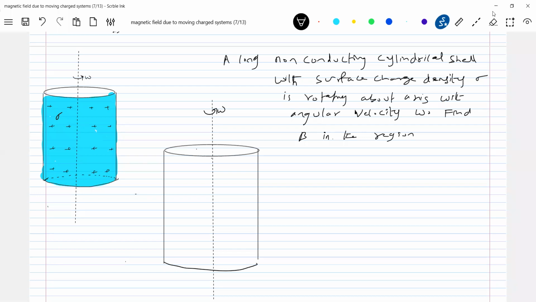So let me assume a strip. In this particular strip, I further take like this. So let this be the strip now.